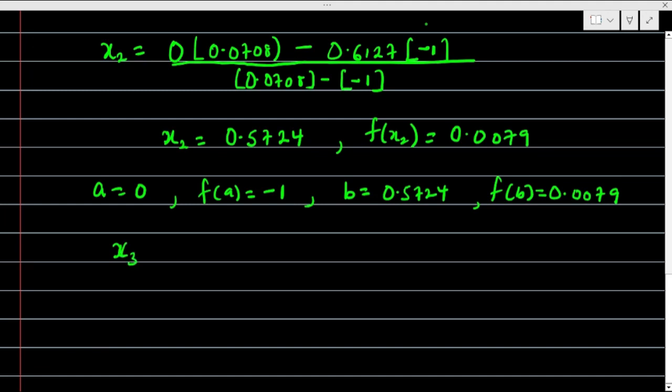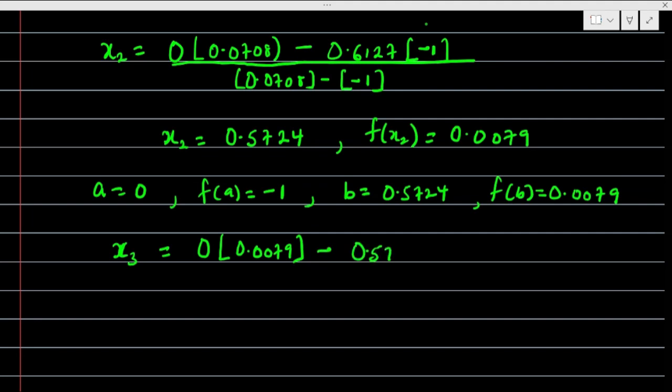So let's get our value of x3 now. Our value of x3 will be equal to a, which is 0, into brackets, f of b, which is 0.0079, minus, what is b? My b is 0.5724, into brackets, what is my f of a? -1.